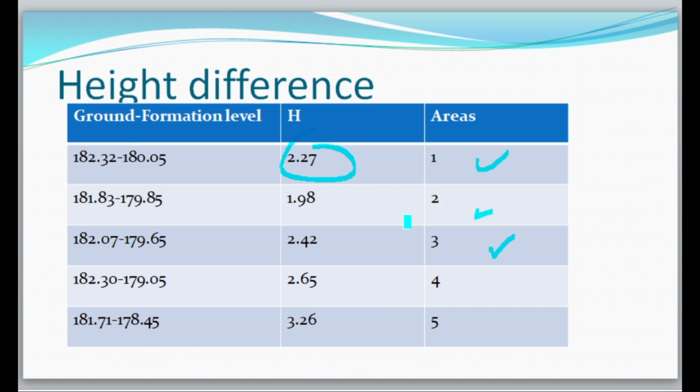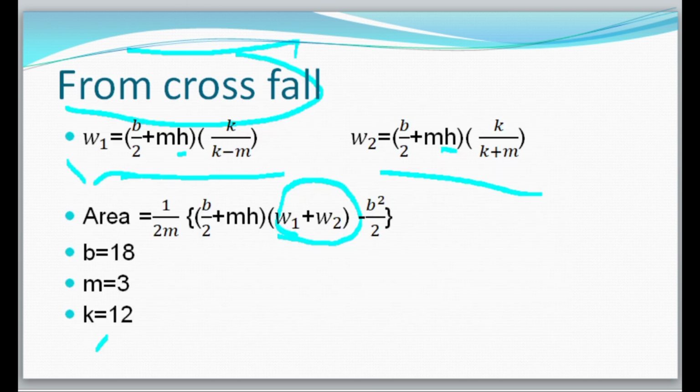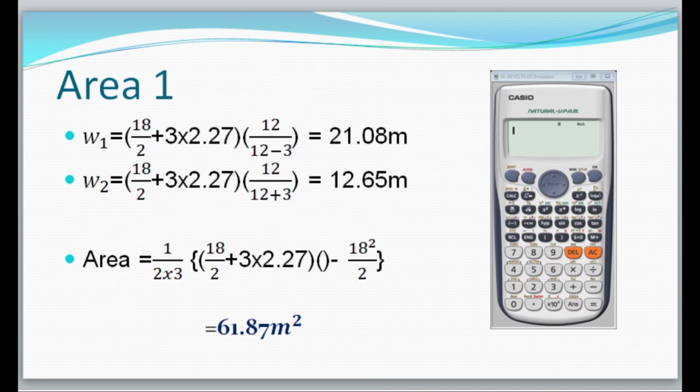So here we have multiple areas on which we'll be calculating by the use of the formula of the crossfall here. So this formula is what I'll be using to calculate all those areas. Then later I'll have to do the volumes.